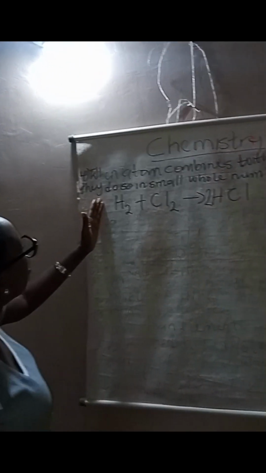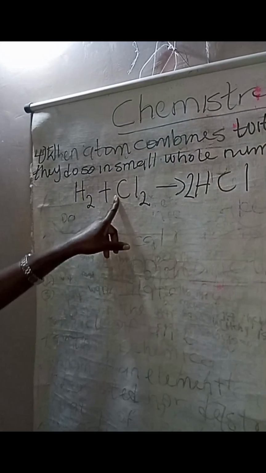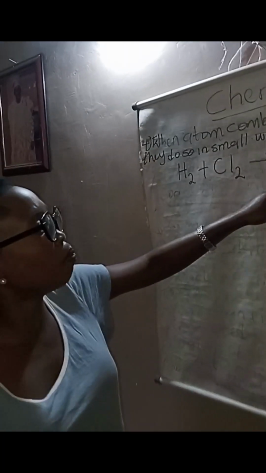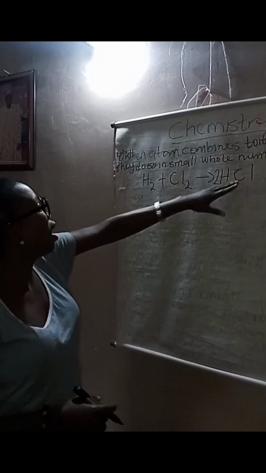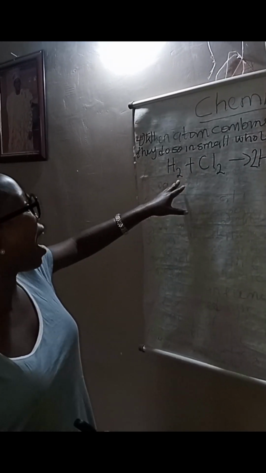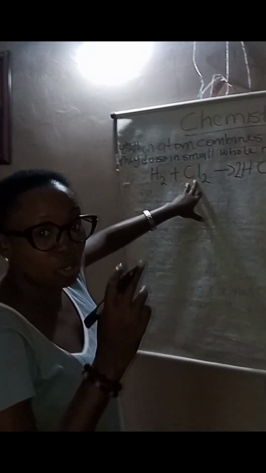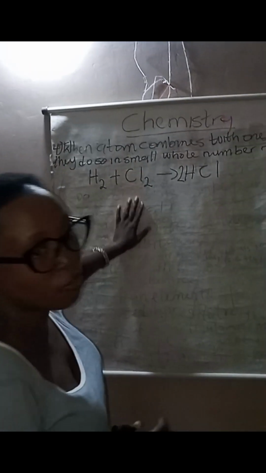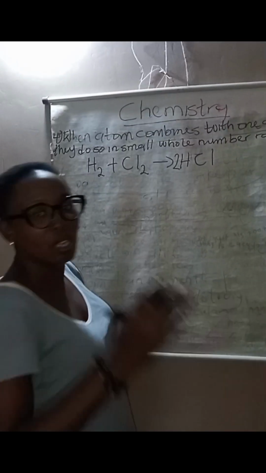It's telling us that in a simple whole number ratio, we have 1 molecule of hydrogen combining with 1 molecule of chlorine to form 2 molecules of hydrogen chloride. 1 molecule of hydrogen contains 2 atoms, and 1 molecule of chlorine contains 2 atoms of chlorine to give us 2 molecules of hydrogen chloride.